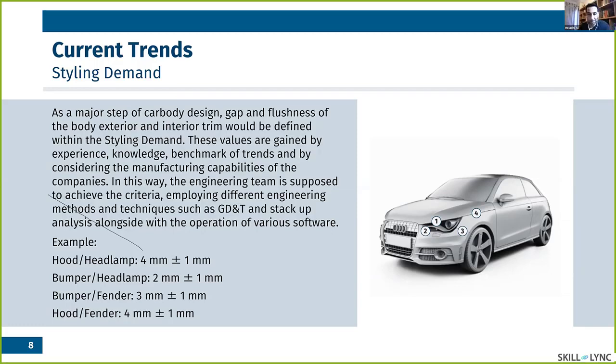Consider, guys, I say it again, I remark that these gaps and flushnesses are considered for different aspects. First is the beauty or the cosmetic quality of the vehicle. Then there are some criteria that these gaps and flushnesses are needed to achieve.